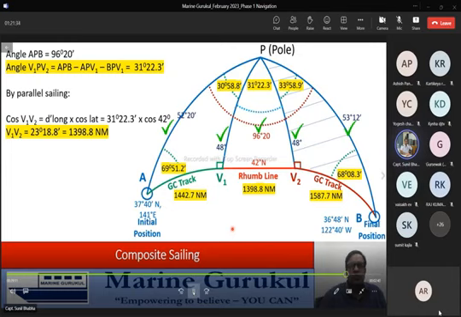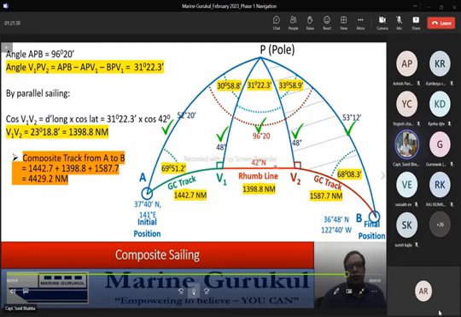Now let's come to summarizing the answer. The composite track distance from A to B shall be the sum total of these 3 distances, and you can see that comes to 4429.2 nautical miles. The second requirement of the question was the initial course.